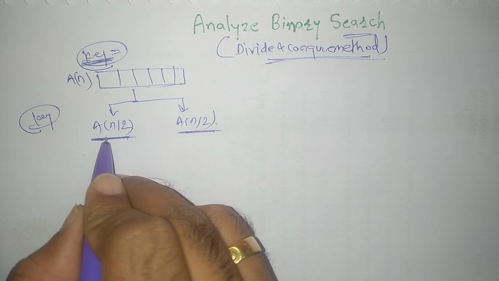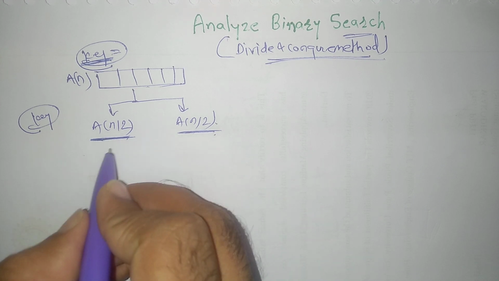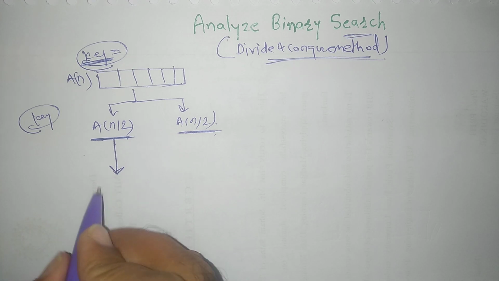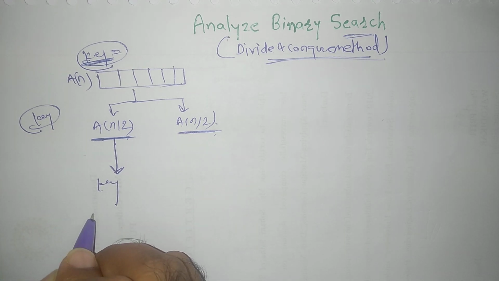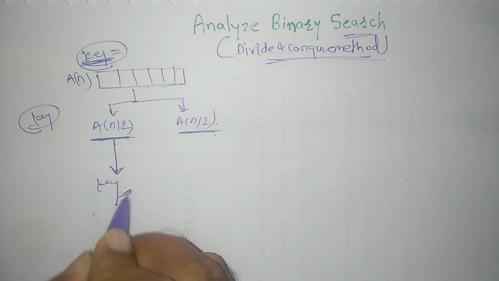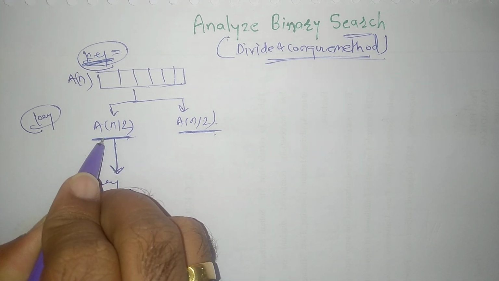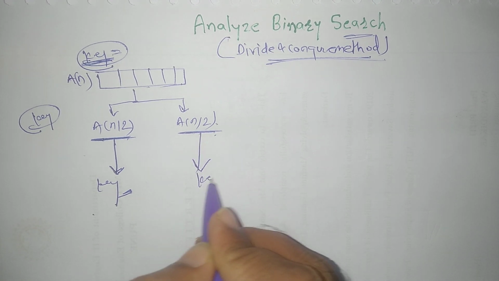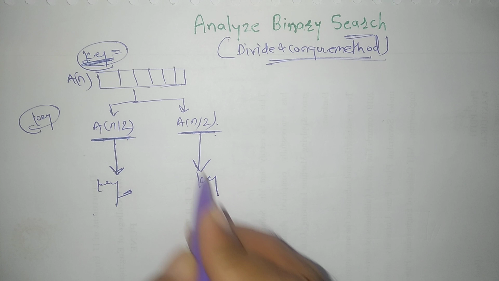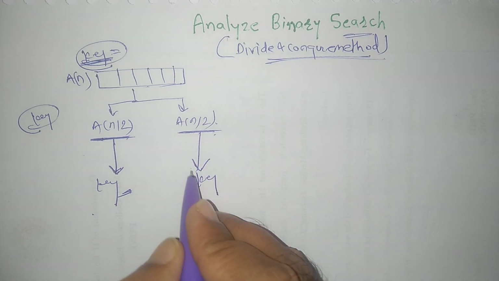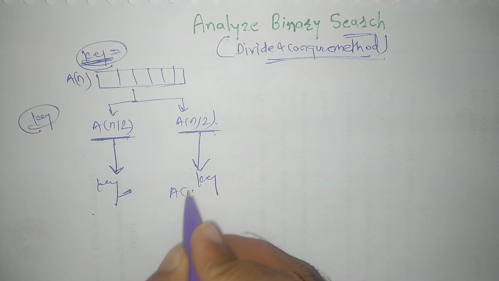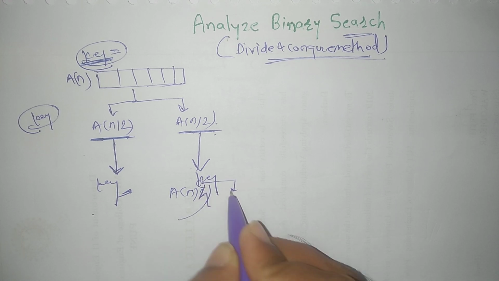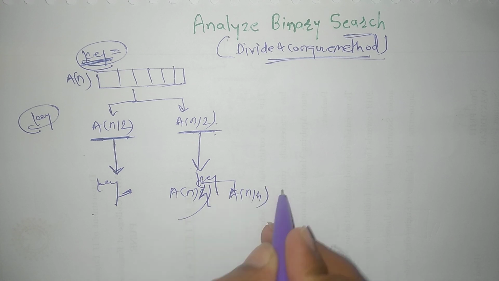When I compare the left part and right part, if I find it in the left part, I have to solve only this part and find the key value. If this does not happen, then I will not find it in this part. I will go to the right side part, solve it and try to find the key value. Now this part is going to be divided once again into A of n by 2 parts, and this will be A of n by 4 and A of n by 4.